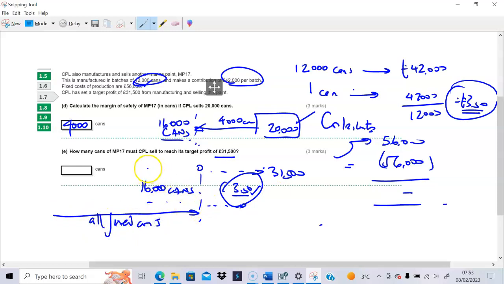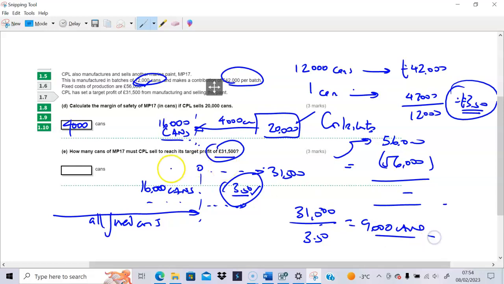So imagine I did that on Monday, and on Tuesday they're telling me we would now like you to bring in 31,500, where you're getting £3.50 on every can. Well, I'll simply divide the 31,500 by the £3.50. And if I do that, 31,500 divided by £3.50, I get 9,000. So that's 9,000 cans.